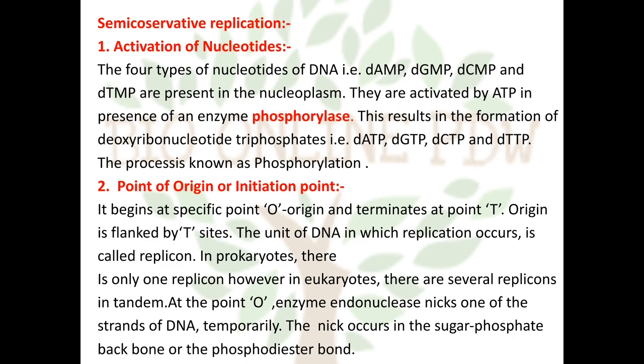At the point O, that is the origin point, the endonuclease enzyme nicks one strand of DNA temporarily. The nick occurs in the sugar phosphate backbone or the phosphodiester bond. Nicking means the cut takes place by the enzyme endonuclease. It cuts the DNA between the strands, so it's called endonuclease.